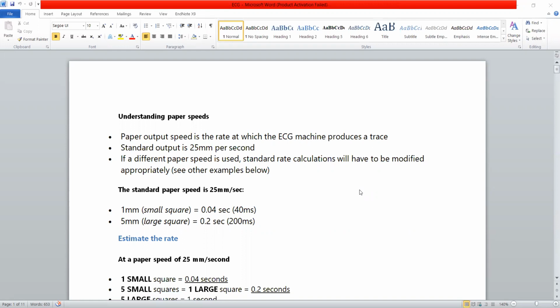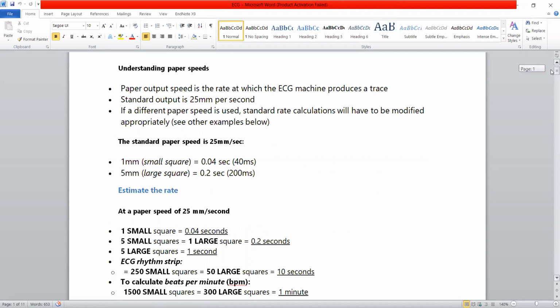So the standard output speed of an ECG machine is 25 millimeter per second. What does this mean? 25 millimeter per second means 5 large squares or 25 small squares are equal to 1 second.